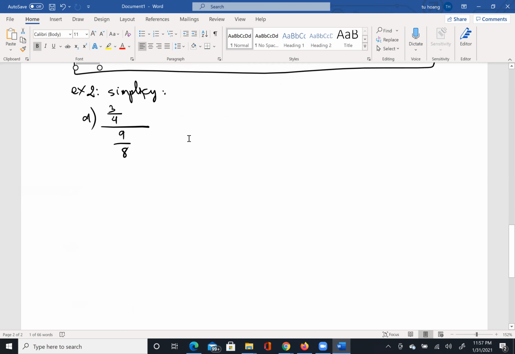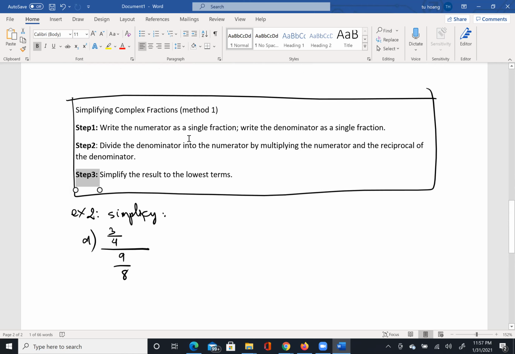See that? So follow 3 steps. Step 1, write the numerator as a single fraction and the denominator as a single fraction.